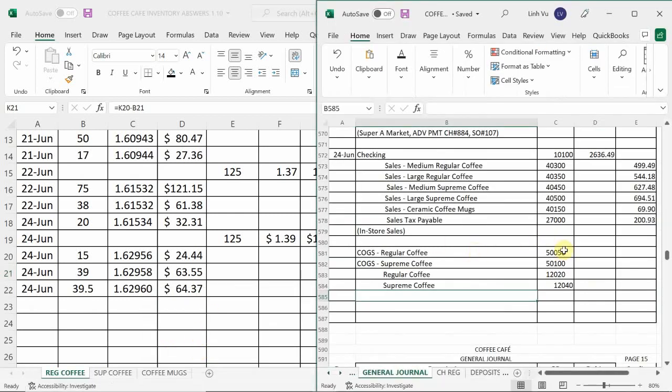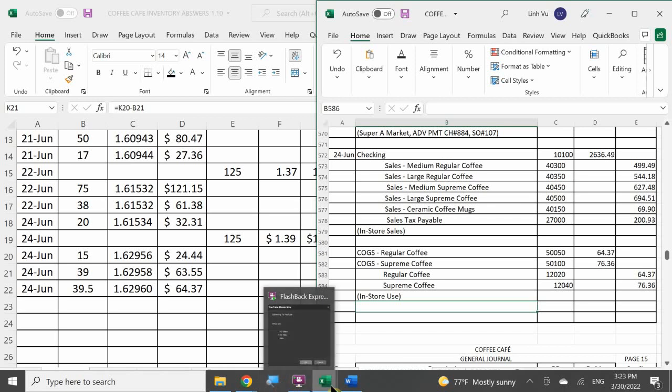Okay, so cost of goods sold, $64.37. $76.36 for my Supreme. And in store use. Okay.